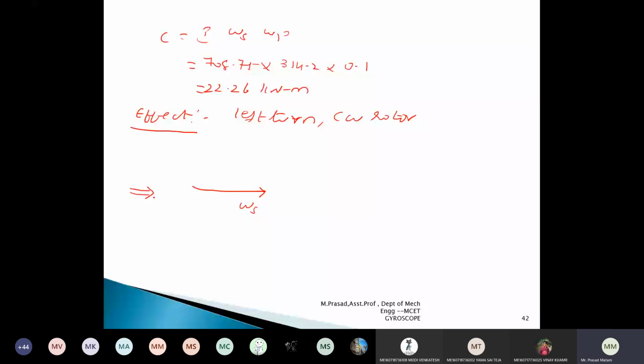So taking a left turn means, when I am seeing from this end, what is my left turn? Above or down? When I am seeing from this end, what is my left side? Left turn always comes above. This is the left turn. So when the ship takes a left turn, where will you get the precession vector? Precession vector always comes in the above direction only, the y-axis.